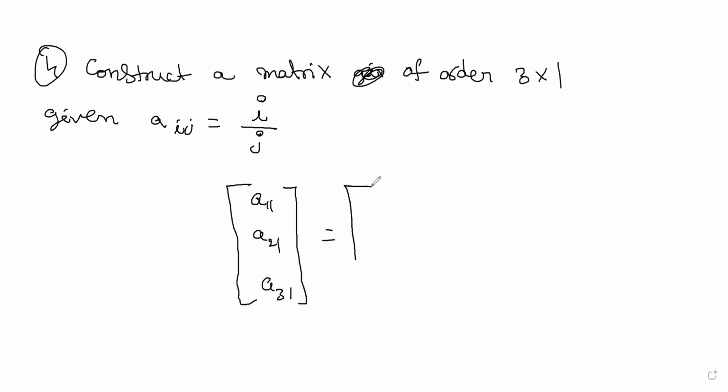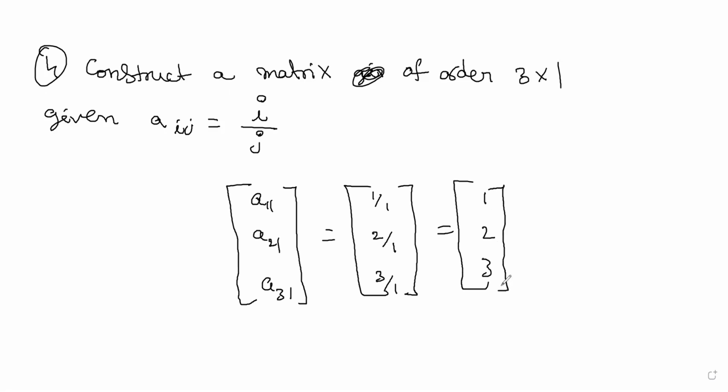So your answer will be i by j, that is 1 by 1, 2 by 1, 3 by 1, so you will get 1 2 3. 3 rows 1 column. You would have written 1 row 3 columns. Be careful. 1 2 3 is the answer. All of you clear?